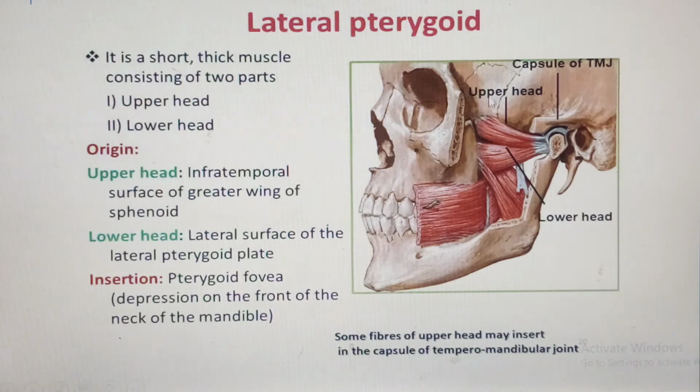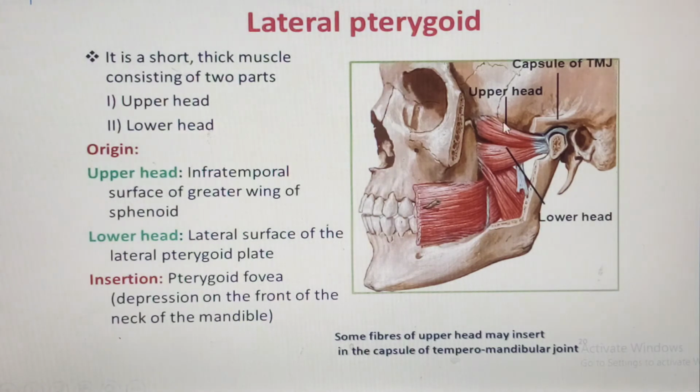of what we call the greater wing of sphenoid. Now this is the greater wing of sphenoid. Okay, that's the one we can appreciate over here, and the pterion will be related over here. This is what we call the greater wing of sphenoid, actually the infratemporal surface of the greater wing of sphenoid.